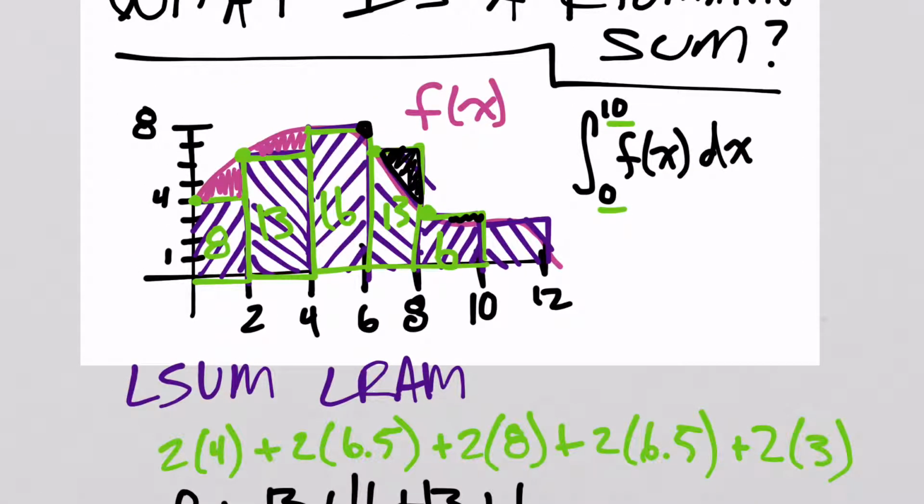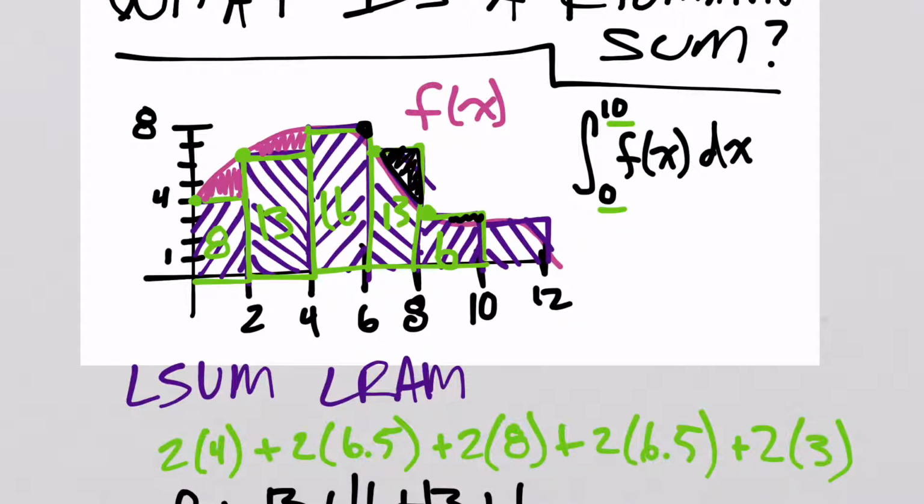If I wanted to do an R sum, let's look at a couple different things here. If I want to do an R sum, a right sum, a right rectangle approximation method, it's the same idea, except instead of putting the left vertex on the graph, you put the right vertex on the graph. And if you think about this problem with the missing area and the extra area, well, you could do some more subintervals.